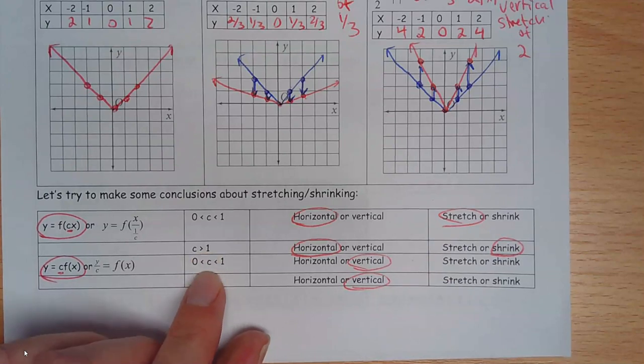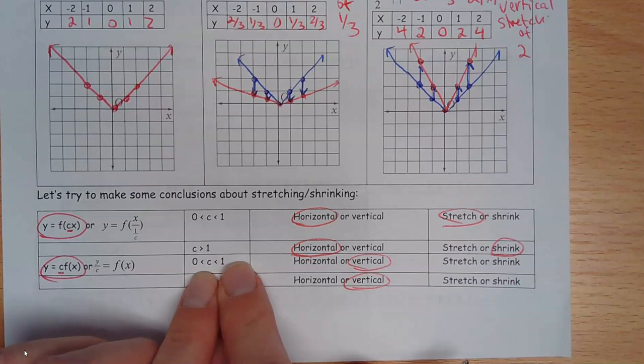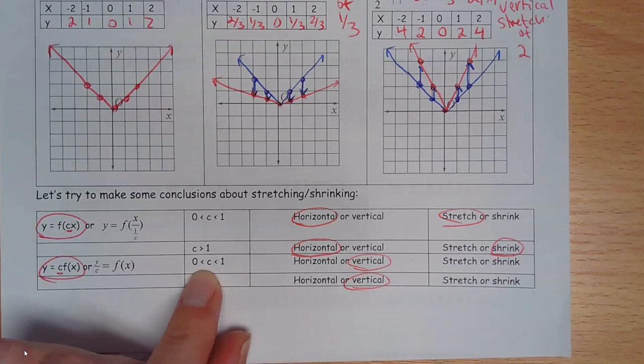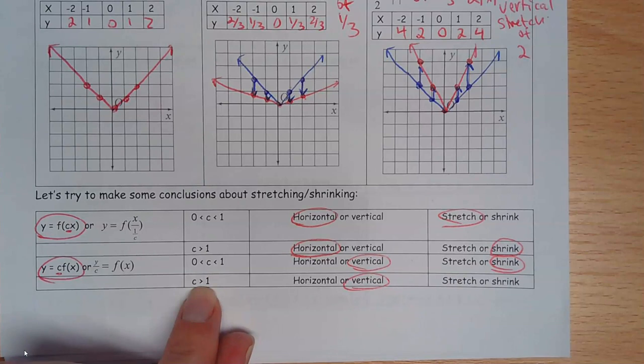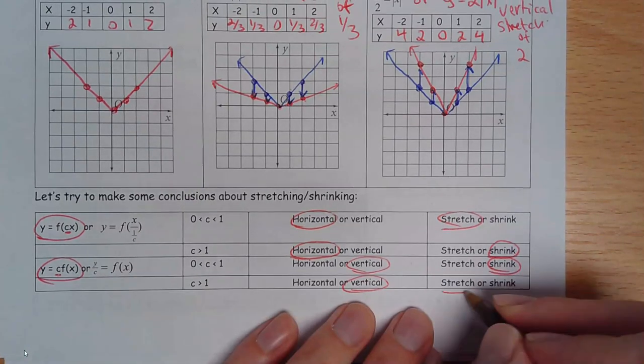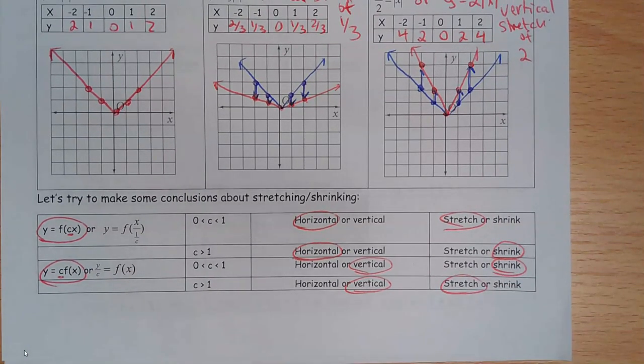The good news is, with vertical, it is what it looks like. So if it's between 0 and 1, like a fraction, 1/3, 2/3, 1/4, 2/5, whatever it might be, it does actually shrink it. And if it's greater than 1, it does stretch it.